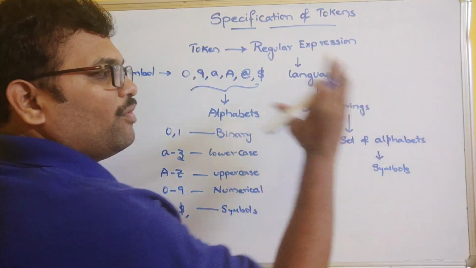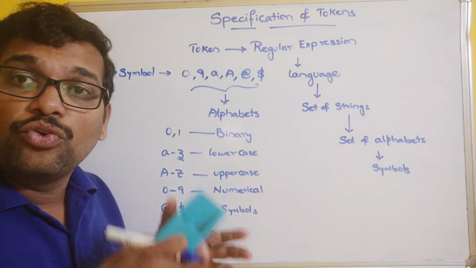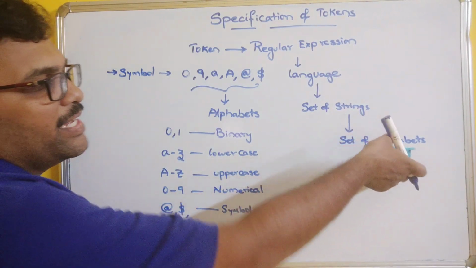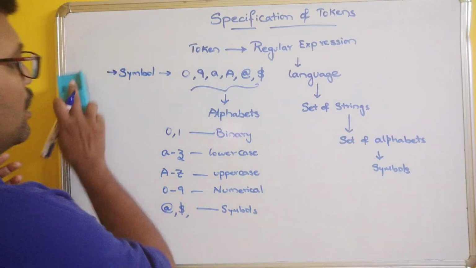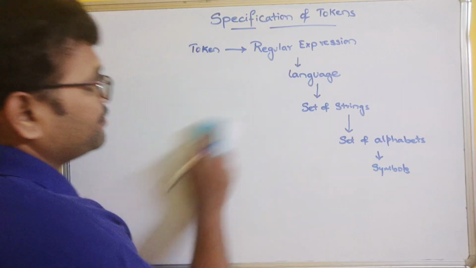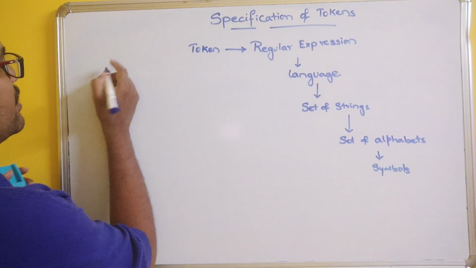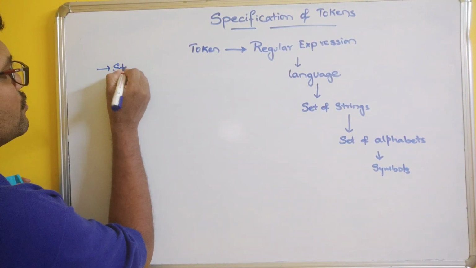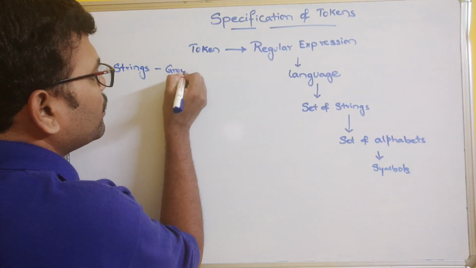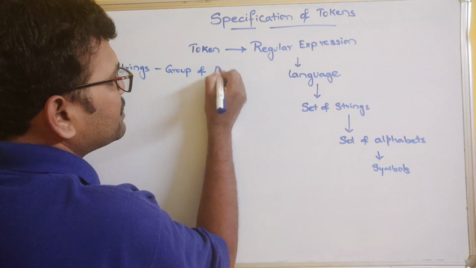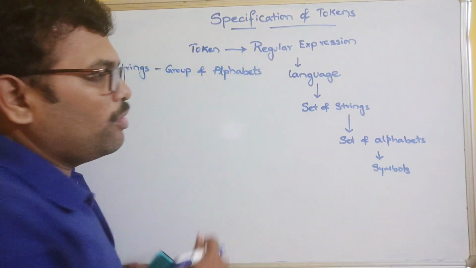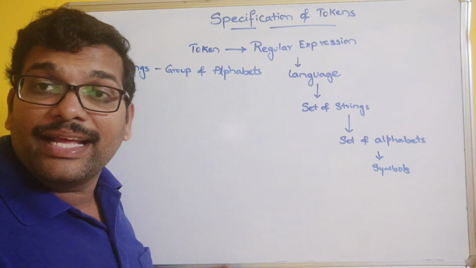Now, what is a string? A string is a group of characters. We call them characters, and here we will call them alphabets. So coming to the second category, that is strings. Strings are a group of alphabets. More than one alphabet we can call a string.